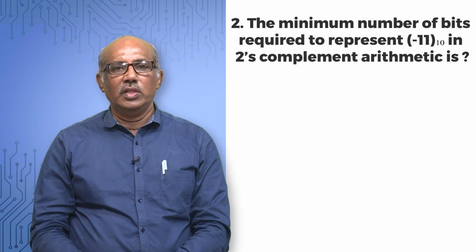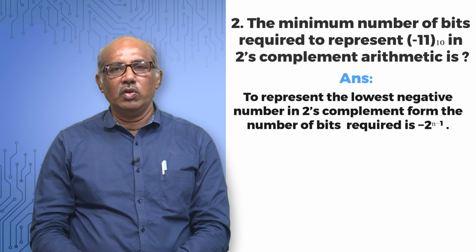The next question is the minimum number of bits required to represent a negative decimal number, that is minus 11 in 2's complement arithmetic. In the last class, we learned that to represent the lowest negative number in 2's complement form, the number required is minus 2 raised to n minus 1, where n is the number of bits.